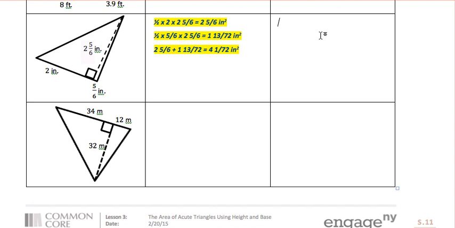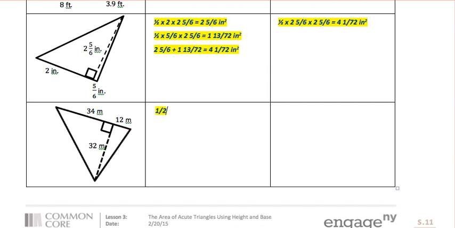And our proof, 1/2 times 2 and 5/6, that's what we get when we add 2 and 5/6 inches together, times 2 and 5/6, which is our height, gives us 4 and 1/72 square inches, which is again the same. And our final drawing is turned pretty much upside down. So again, don't let that throw you off.